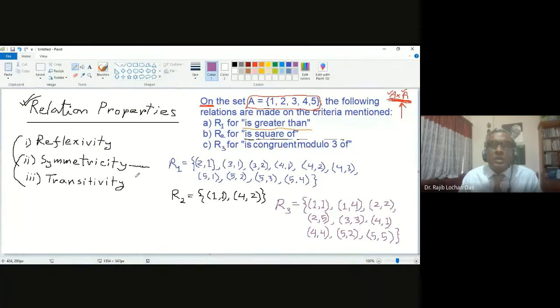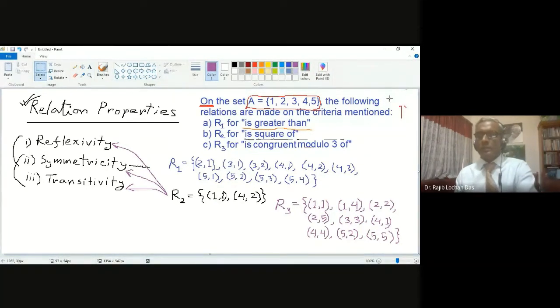In the same way for R2 and for R3. Is it okay? You understand the situation? The situation is clear now.